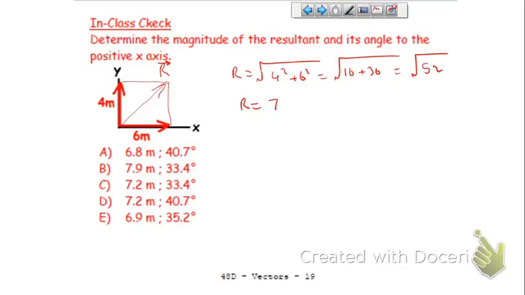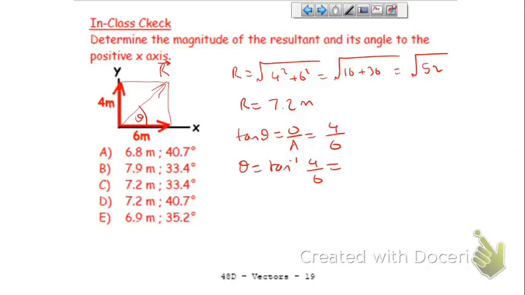Second square root 52, 7.2 meters. And then this angle: tan theta is equal to opposite over adjacent, which equals 4 over 6. So theta equals tan to the minus 1 of 4 over 6, which equals second tangent, 4 divided by 6, parentheses.